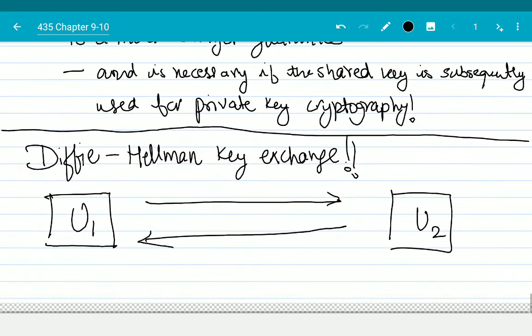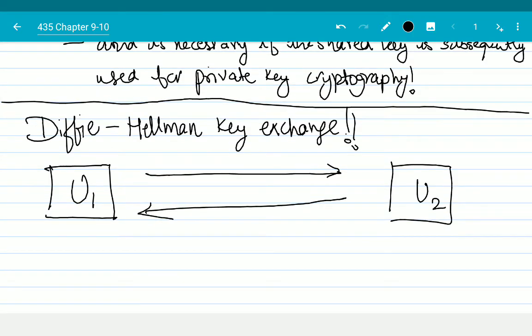The user U1 obtains G, q, and g from the group generating algorithm, given the security parameter 1 to the n. It spits out the group info, the size of the group, and the generator of the group.